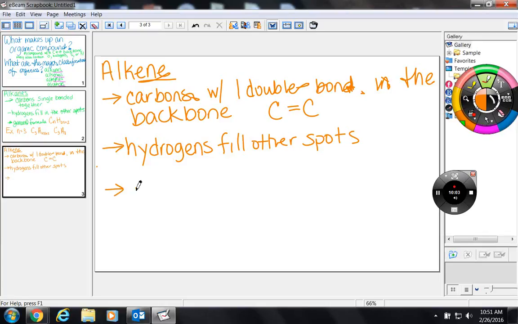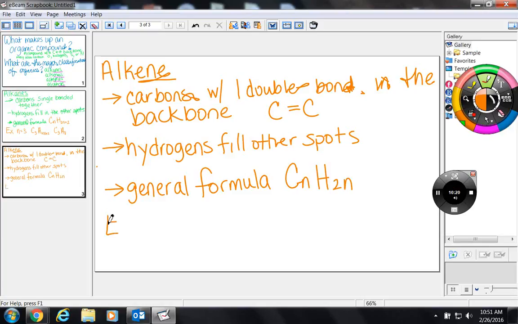And the general formula is C to the N, H to the 2N. So, for example, if N is 6, it's C6, H how many? 12, because it's 2 times 6.